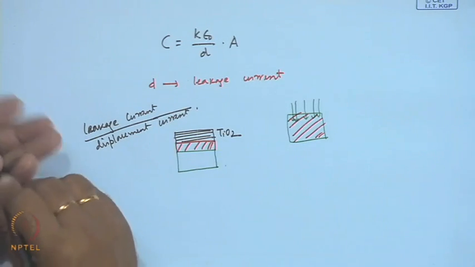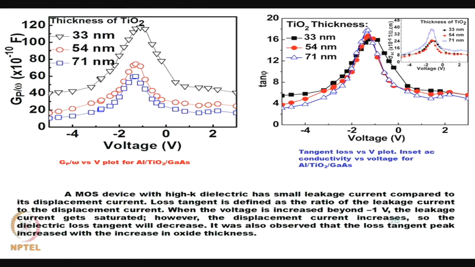When the voltage is increased beyond -1 volt, the leakage current gets saturated. However, the displacement current increases, so the dielectric loss tangent will decrease.